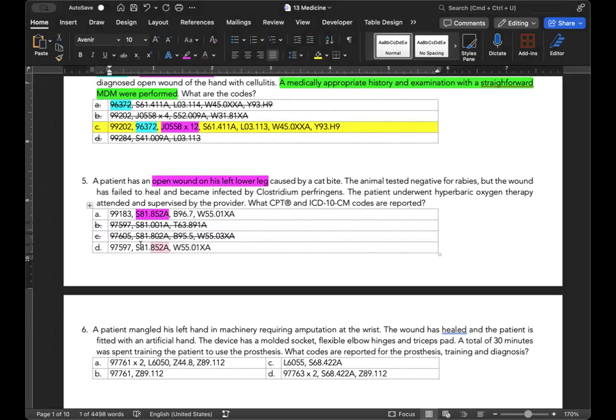Okay. And then we know that W55.01XA is in both, right? So now we just need to see, is that B96.7? Do we need to use that code as well? Or do we need to leave it well enough alone? So let's go look at the B96.7.